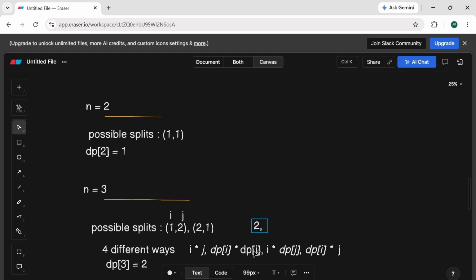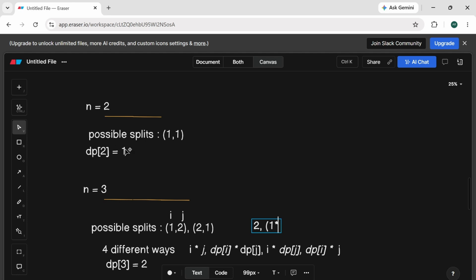Another thing that I can do: I know that with one length I cannot do anything, because 1 is 1. So no problem, I'll consider 1 as it is. But I know the answer for length 2, because I already encountered this number previously. I know the answer for 2 is 1. Why 1?